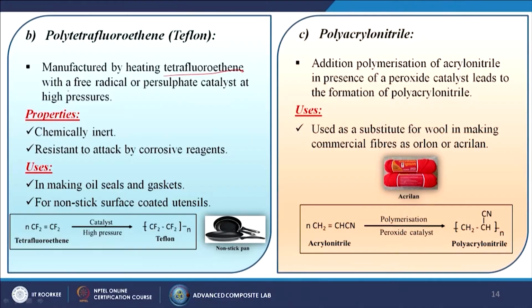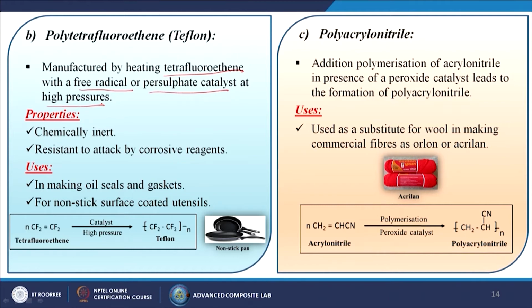Next we are going to give the example of polytetrafluoroethylene. So, polytetrafluoroethylene is also known as Teflon. It is manufactured by heating tetrafluoroethene with a free radical or maybe a persulfate catalyst at high pressures. What are the properties? Generally it is chemically inert, it is resistant to attack by corrosive reagents.